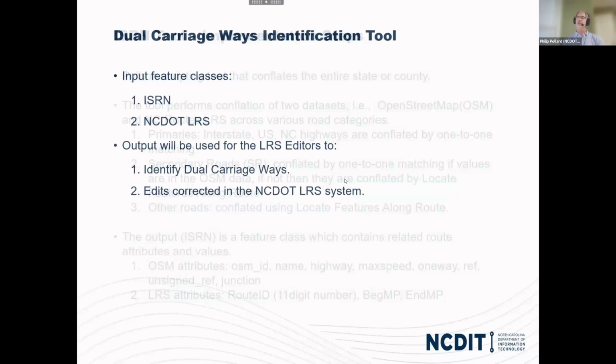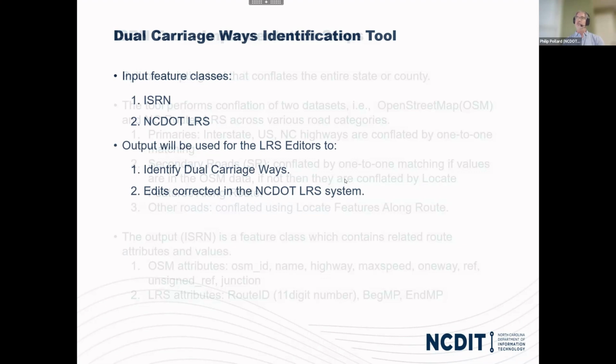So from the ISRN, we can do some conflation to find differences in the LRS and the OpenStreetMap that helps us to upgrade roads in our LRS. And the input feature classes are ISRN and the NCDOT LRS.